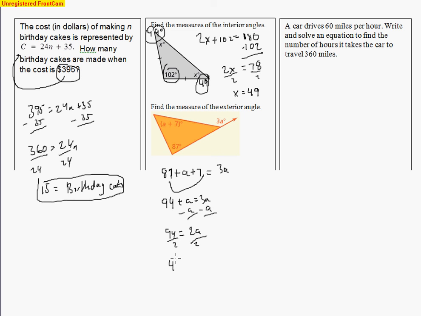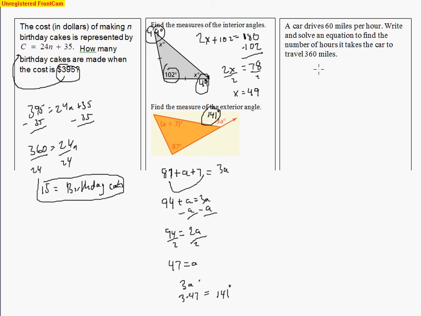It goes into the 14 seven times. So a equals 47. But that's not what they wanted altogether. They want to know the value of that exterior angle. And so when we multiply 3 times 47, or 3a, we end up with 21, carry a 2, that makes 141 degrees. So this exterior angle is 141 degrees.